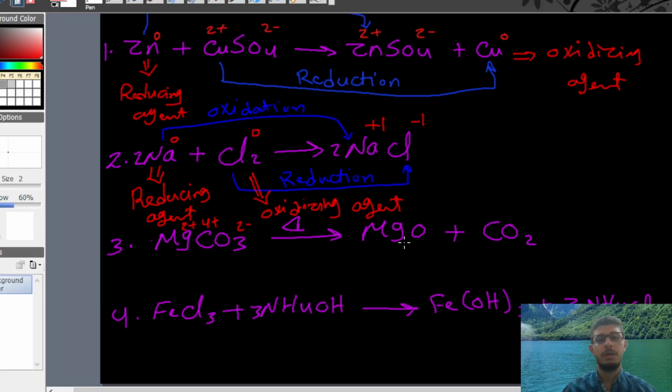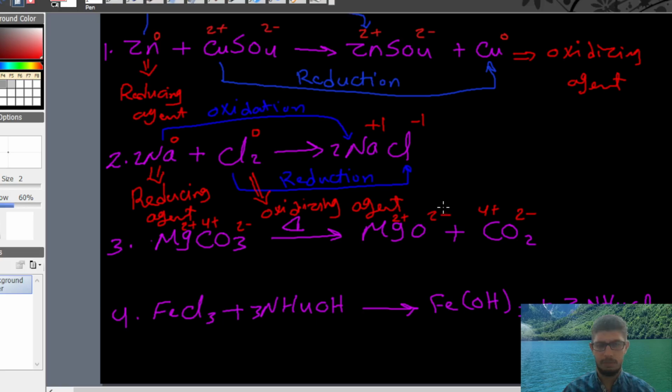Okay, so let's look at the magnesium here. It's magnesium 2 positive and the oxygen 2 negative, the carbon 4 positive, and the oxygen atoms here have oxidation state 2 negative. Magnesium 2 positive, oxygen 2 negative, carbon 4 positive.